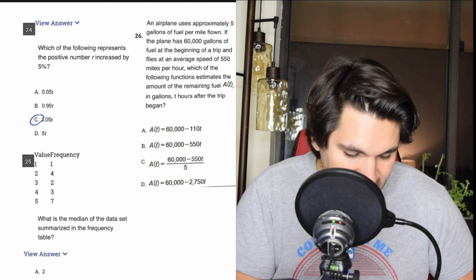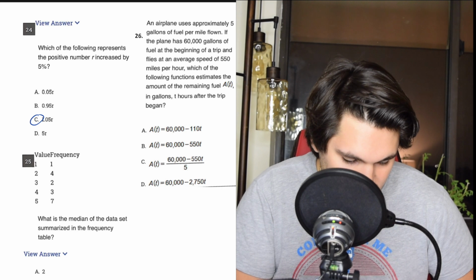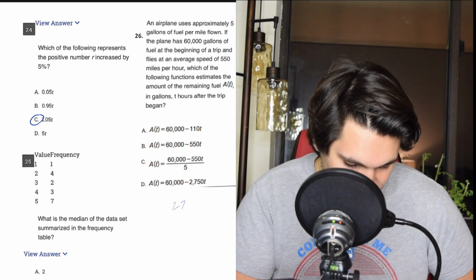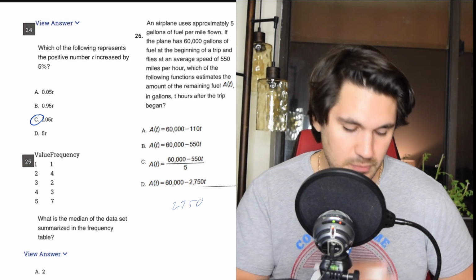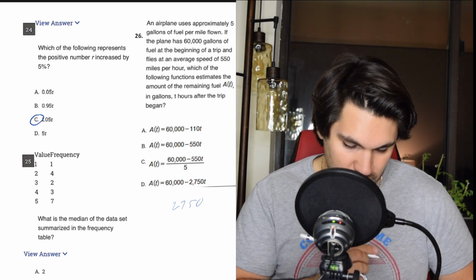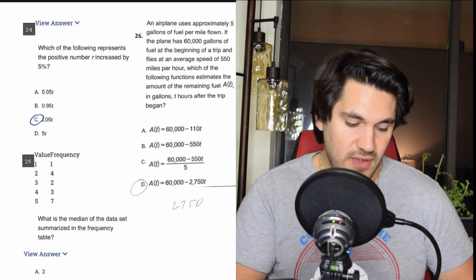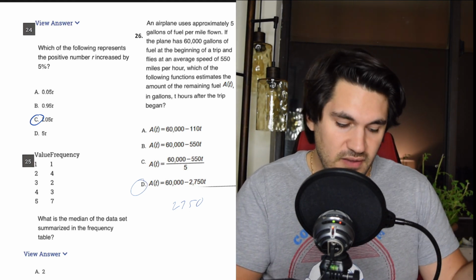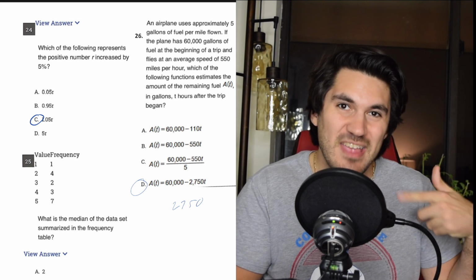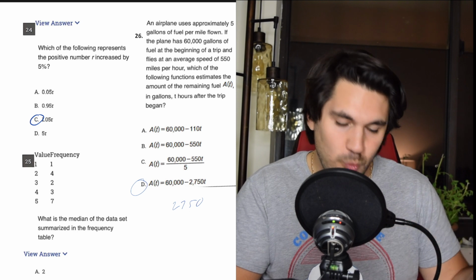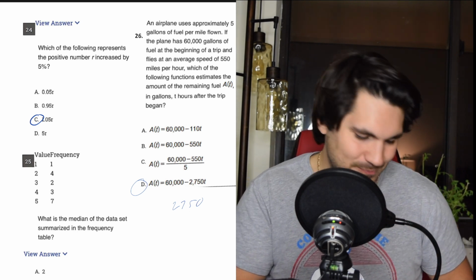So that means every hour it's losing 550 times 5, which is 2,750 gallons of fuel. That's what it's losing per hour. So the answer is going to be D. And again, that's because it burns 5 gallons of fuel per mile flown and flies at 550 miles per hour. That means every hour it's burning through 550 times 5, which is 2,750. That's how we got D.